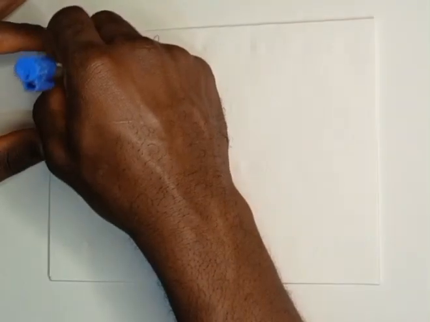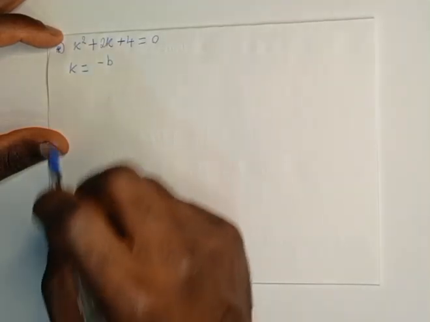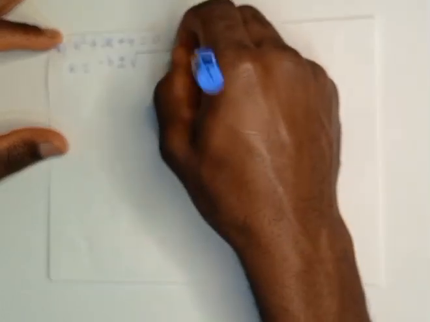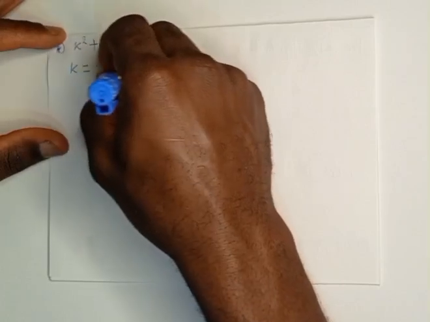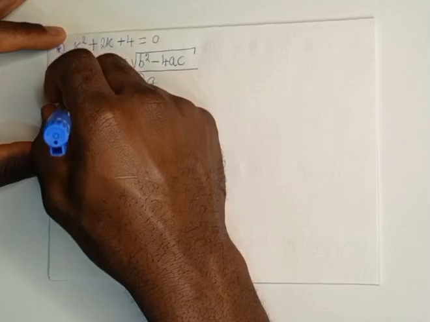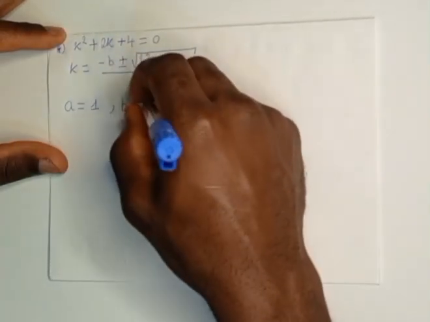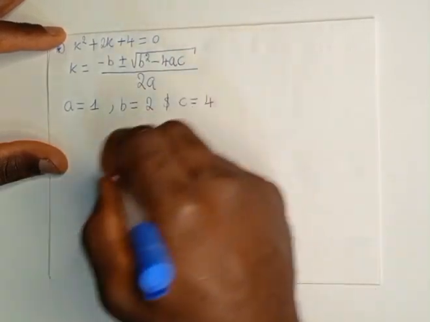The quadratic formula states that k is equal to negative b, plus or minus the square root of b squared minus 4 times a times c, divided by 2 times a. b is the coefficient of k, a is the coefficient of k squared, and c is the constant. Here a is 1, b is 2, and c is 4.